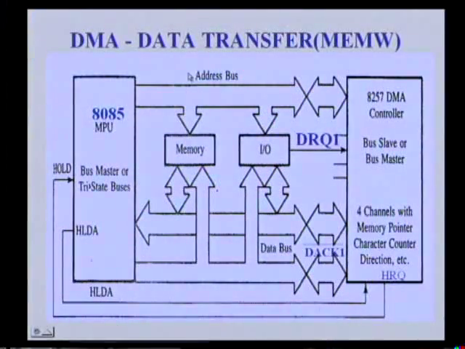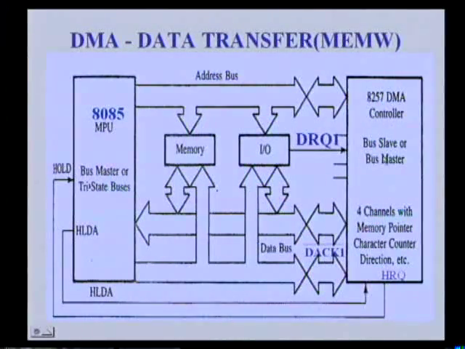Now, let us see this block diagram. This is a simple microcomputer system which has a microprocessor, memory, and I/O devices. This is a floppy disk drive which can act as an input device as well as an output device, and this is the DMA controller. 8257 is a popular DMA controller.